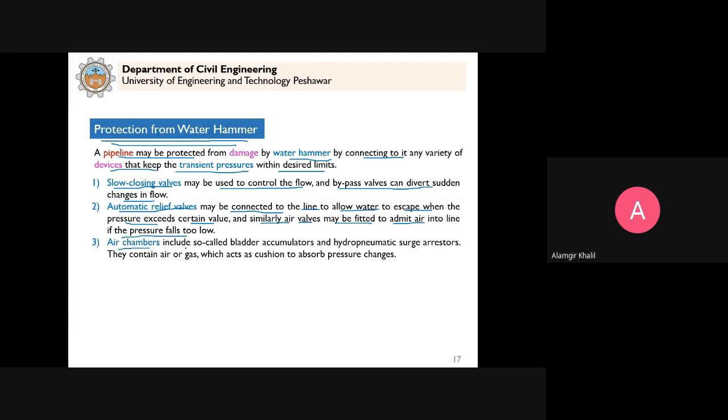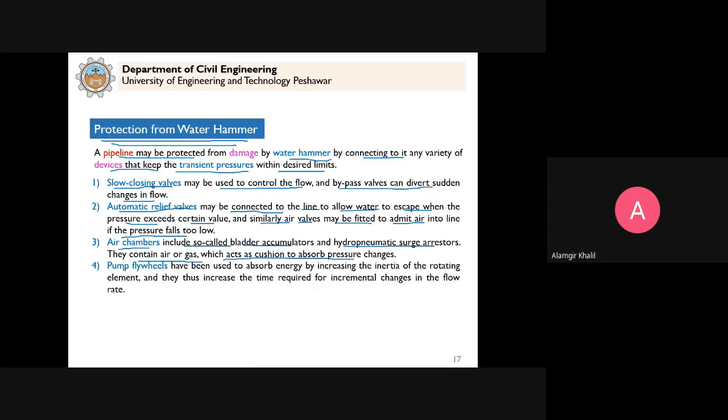Air chambers include so-called bladder accumulators and hydropneumatic surge arresters. They contain air or gas which acts as a cushion to absorb the pressure changes. Pump flywheels have been used to absorb energy by increasing the inertia of the rotating element, and they thus increase the time required for incremental changes in the flow rate.